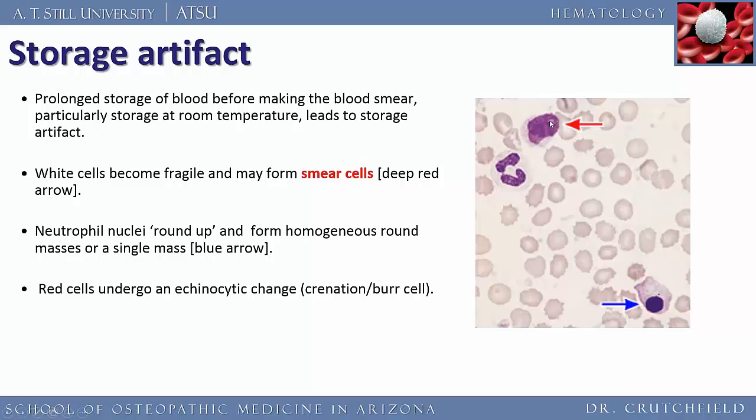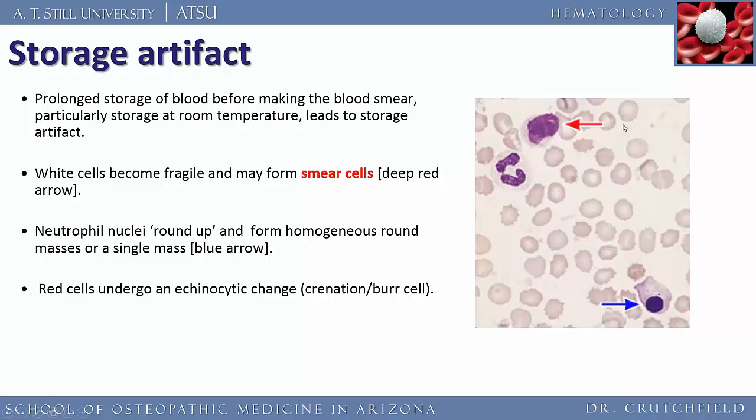This smear cell is fragile, and the nuclei is too big. Now, looking at this, could this be just a normal-looking lymphocyte with probably a premature seg here? It could be, but the giveaway is you have all these crenated red cells. So whatever's going on here, I don't trust it.